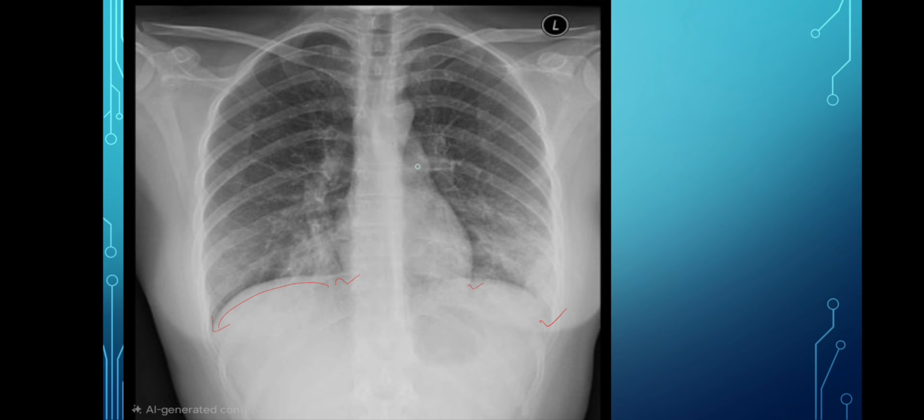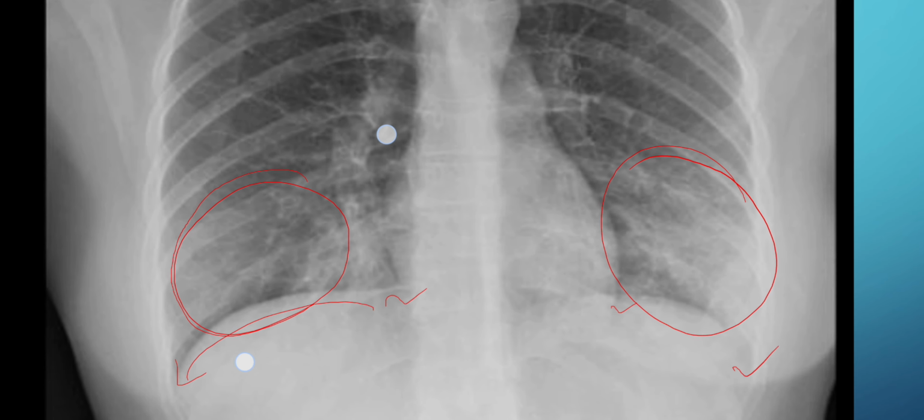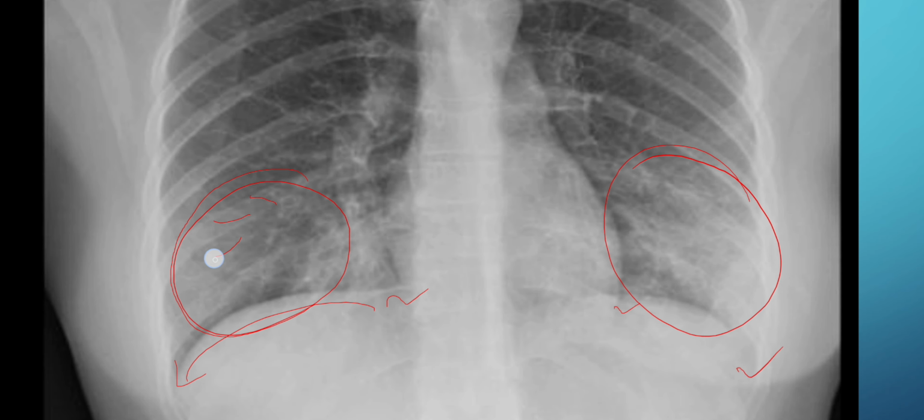The hilum region is quite normal, but there is a mesh-like reticular opacity present throughout both the right and left lower zones. So there is a reticular formation. This looks like a reticular mesh with increased bronchovascular markings.